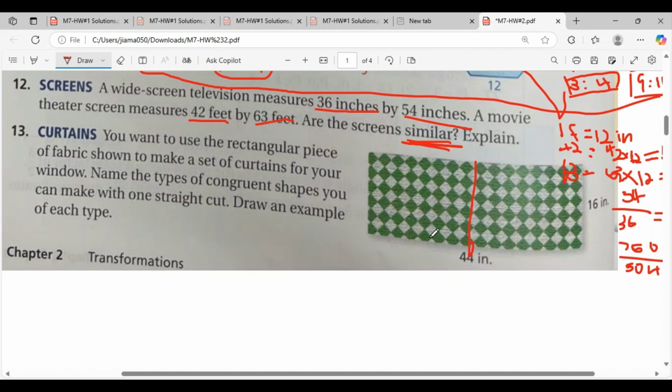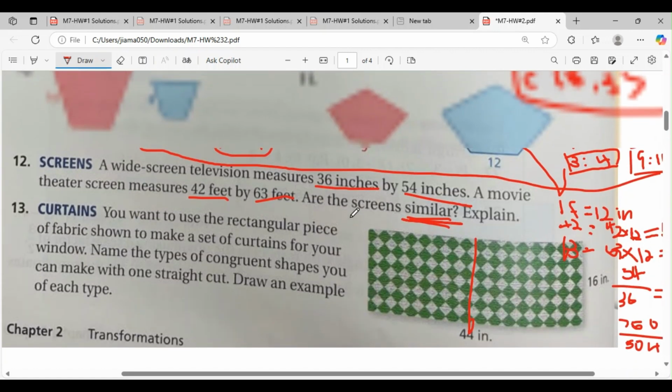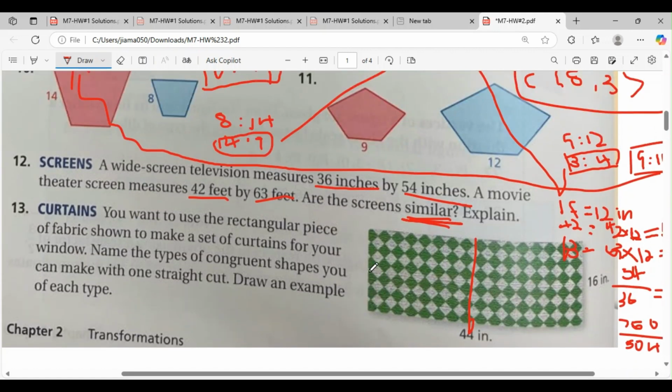We can have the two same parts. Okay, so we also can cut like that.